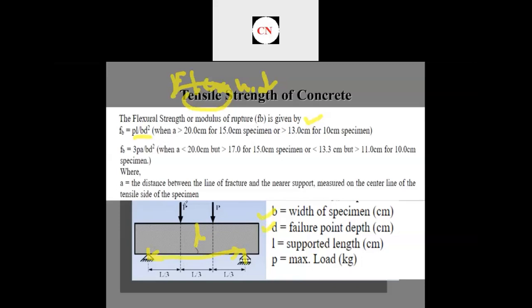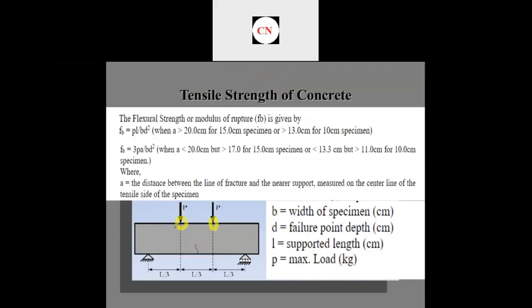So now suppose you are applying the load by means of this roller support on the surface. This is the beam we are making. For the flexural test, we need to cast a concrete beam, over which rollers can be applied suitably in order to apply the load.